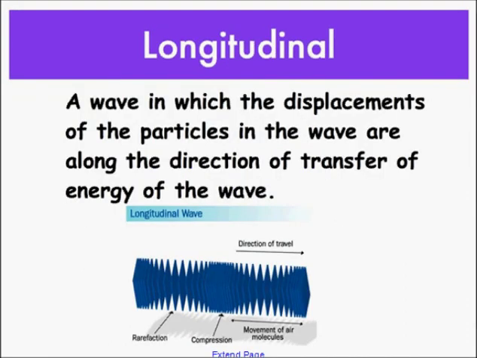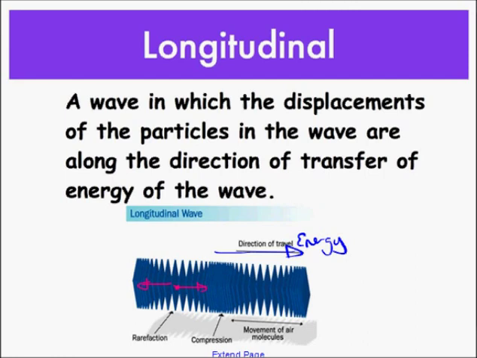Longitudinal is a wave in which the displacements of the particles in the wave are in the direction of transfer of energy of the wave. So the direction of travel, or energy, in this case, is that way, going along. However, the particles also go in that same direction. So this particle here will travel this way and then travel that way from a mean position, so the oscillation is back and forth over time.